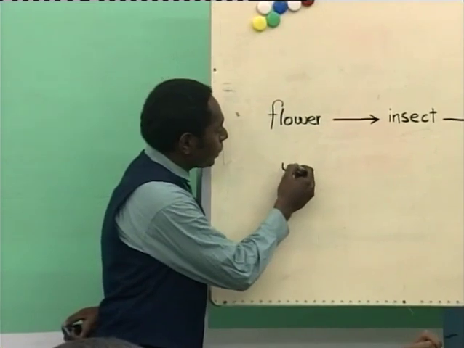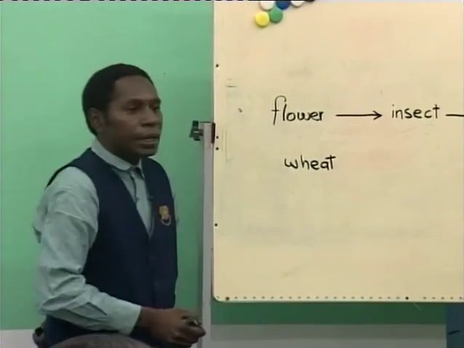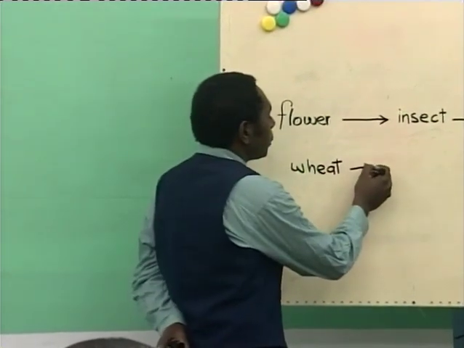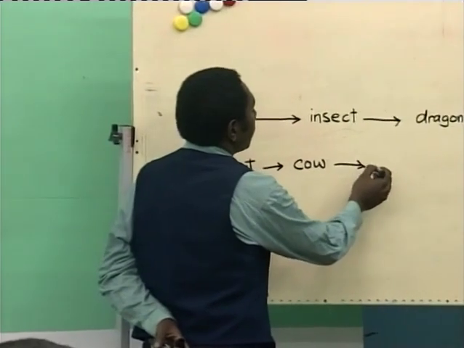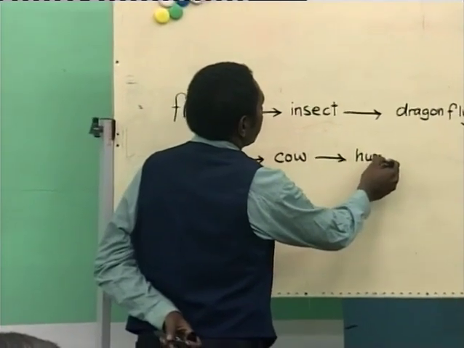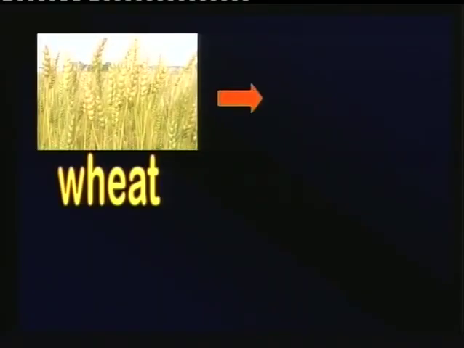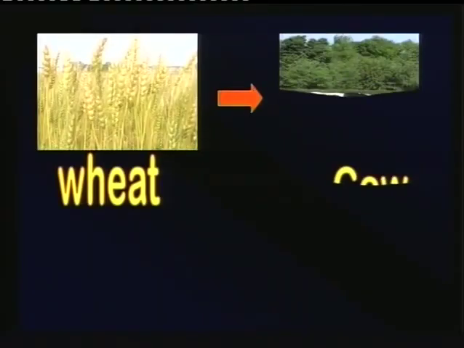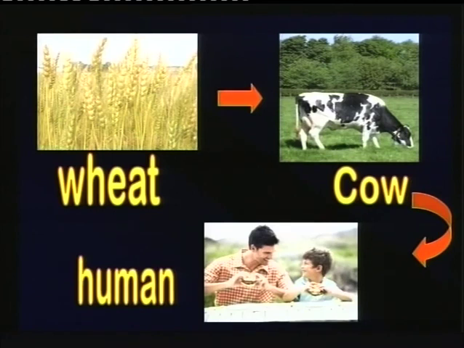Okay, so our food chain would look something like this. From the wheat, then it would have gone to the cow, and finally to the human. Human was the last to consume that bit of meat there.